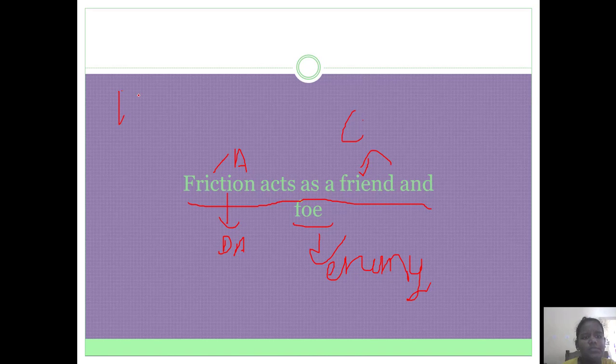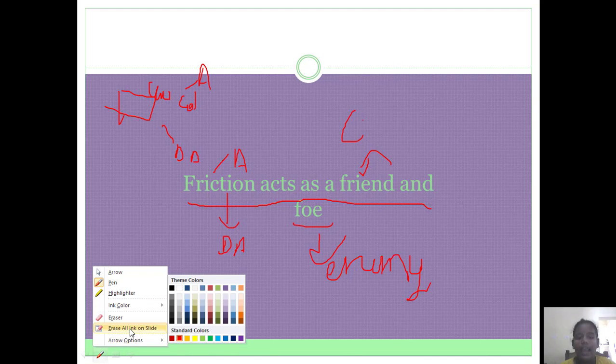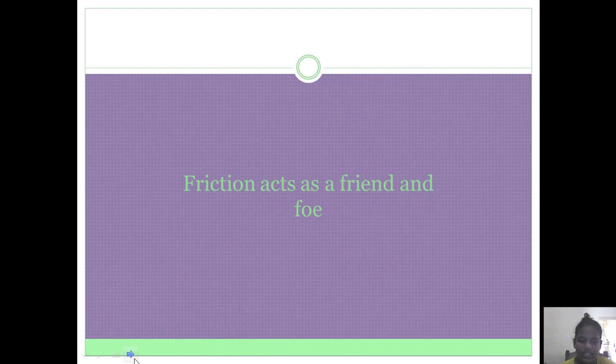If you take any object, suppose a chocolate, it has an advantage and disadvantage. In the same way, friction also has advantages and disadvantages. Let's justify this statement. First, let's see how friction acts as a friend.